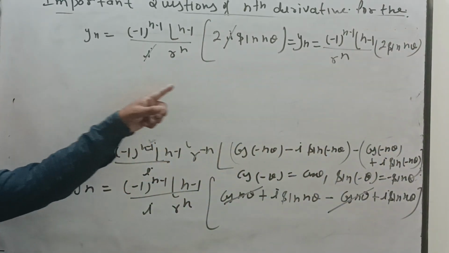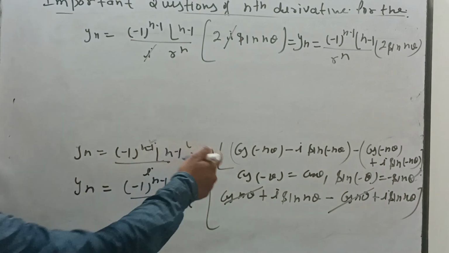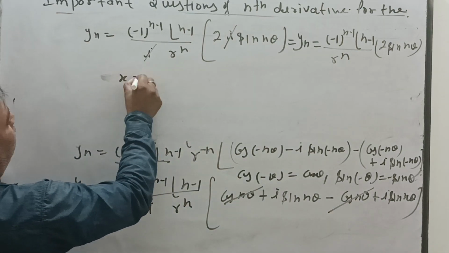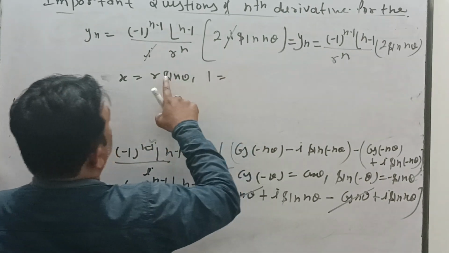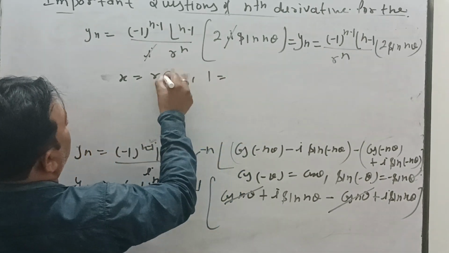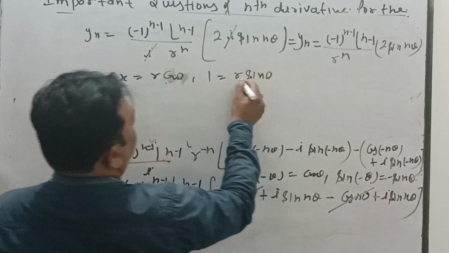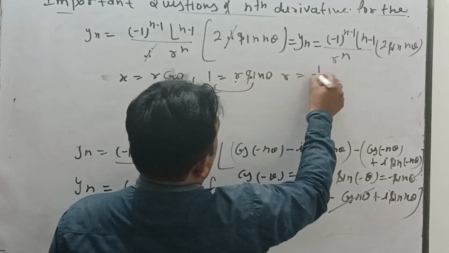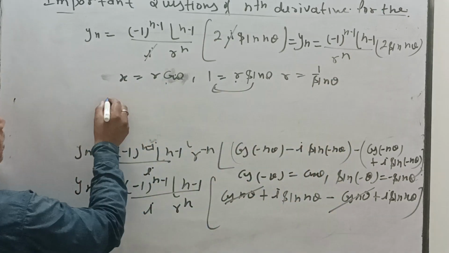Again, we find the value of r. x equals r cos θ and 1 equals r sin θ. We find the value of r here: r equals 1 upon sin θ. We put this value in r.